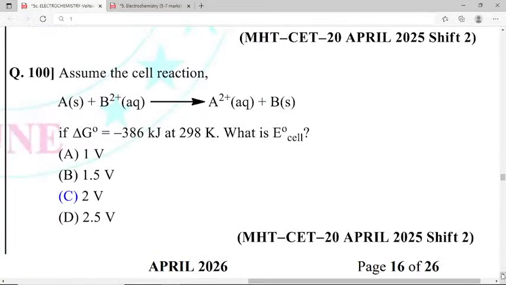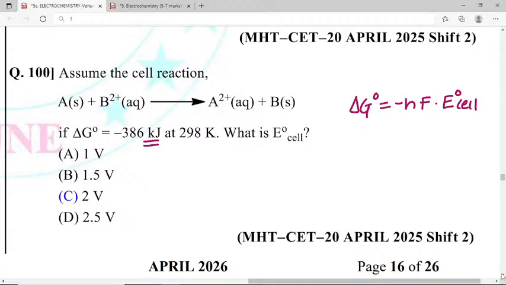Assume the cell reaction A plus twice B gives twice A plus B. Del G value is given, not the cell potential, we have to calculate it. So what is the formula? Del G naught is equal to minus NF E naught cell. This is in kilojoule, convert it into joule.